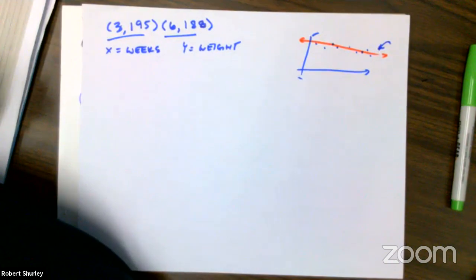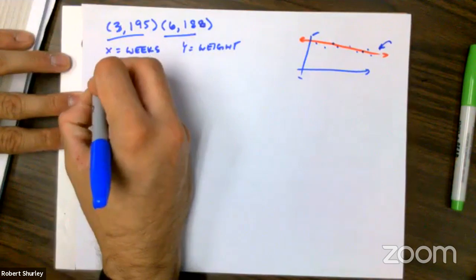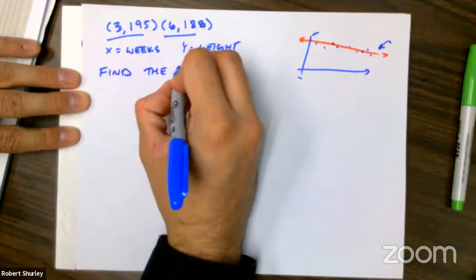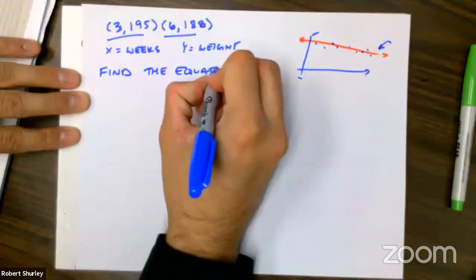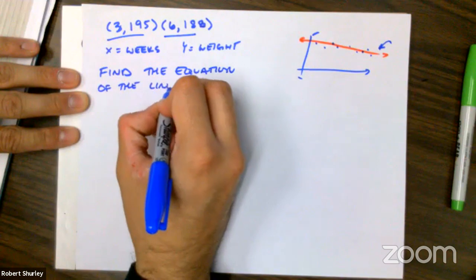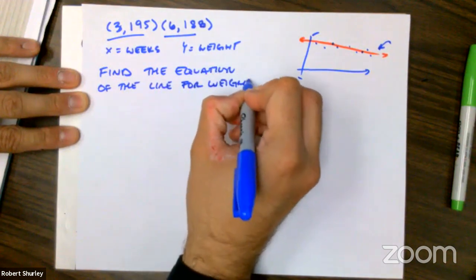So first off, the goal here is going to be find the equation of the line for weight, right?